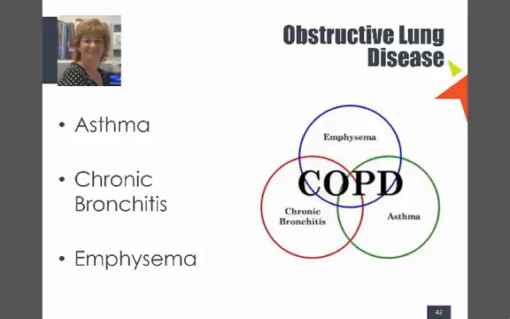And within there, you can have emphysema, which is your smoking disease, and chronic bronchitis, where someone is coughing up phlegm for 3 months of the year for 2 years in a row, where those airways become inflamed and narrow. And then you've got chronic asthma that goes on for a long period of time. So they may or may not have had optimal treatment, and those airways end up where they don't reverse to normal, and that's the difference.